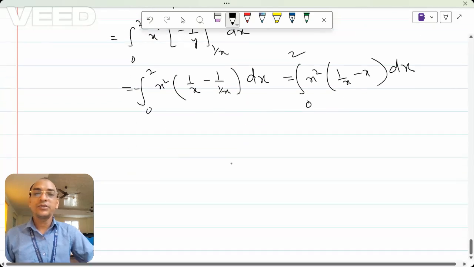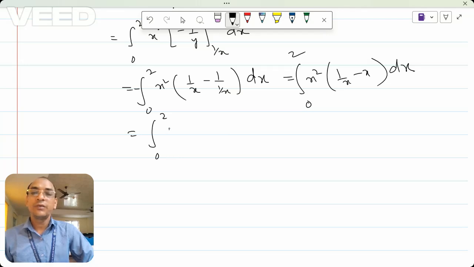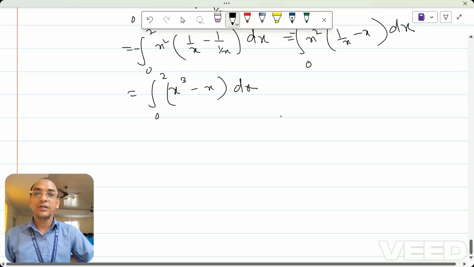So multiply x square with both the expressions, what you will get? Integration 0 to 2, this one will be x, so minus is there already, so this one will be x cube minus x and dx. Minus I multiplied, so it is like this.